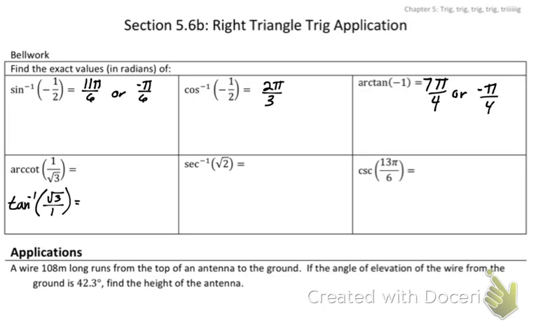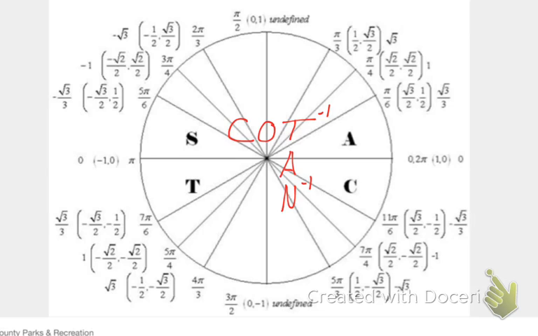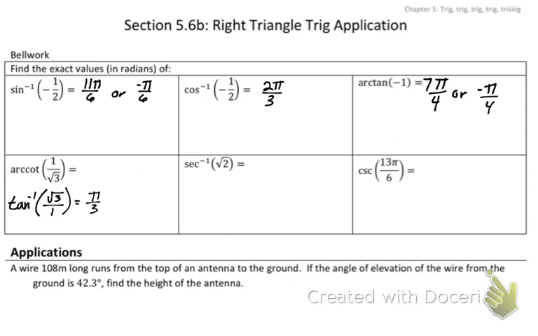Who ended up getting this one? Is it pi over 3? Do we think so? Yes. I'm looking for square root of 3. It's pi over 3. Where you might have gotten pi over 6 is, did you simplify this fraction and just leave it as square root of 3 over 3?